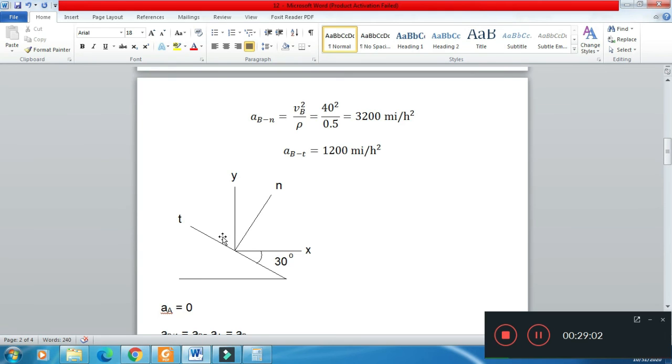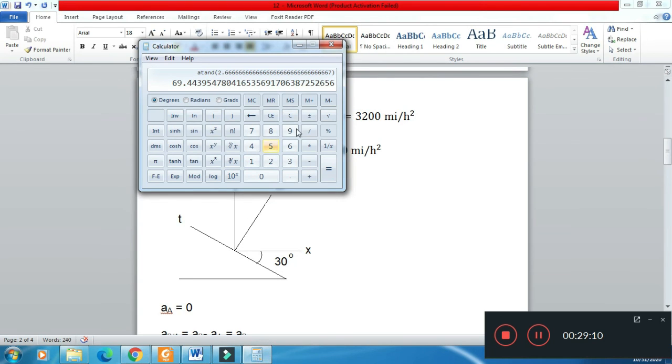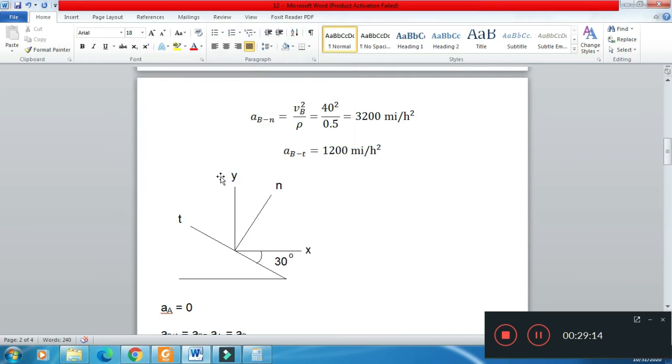There is an angle of 60, and after this 60 we take 9 more because it is 69.4. We take 60 plus this 9, because this 69.4 is measured from tangent towards the normal. So towards the normal it is 69, so it is somewhere here.